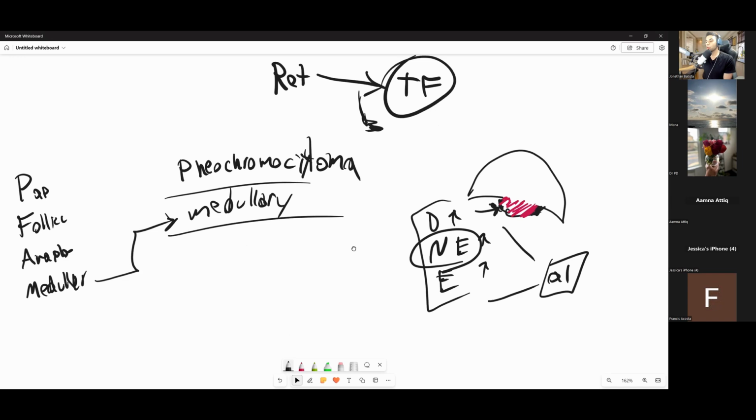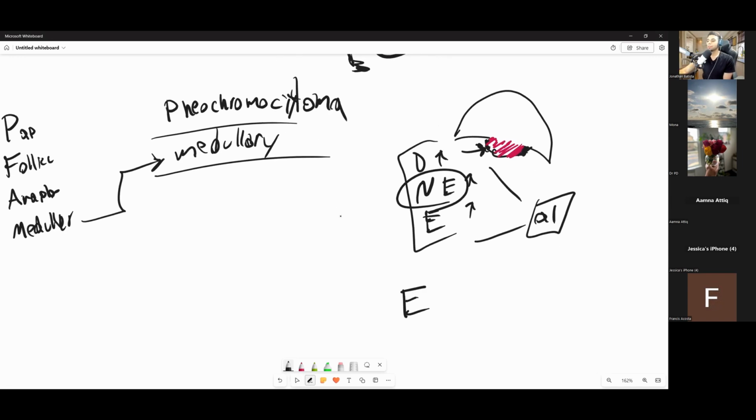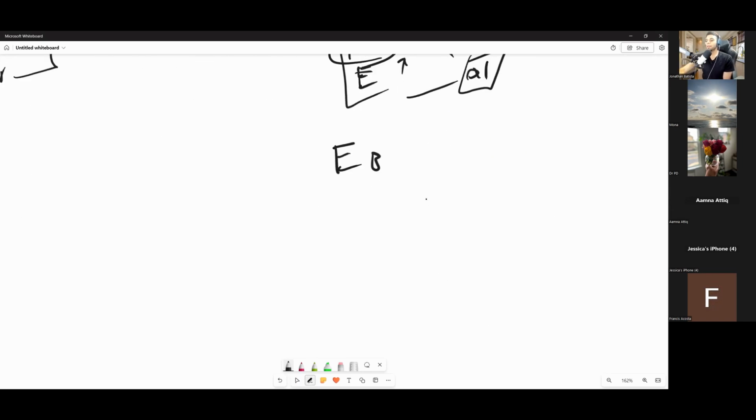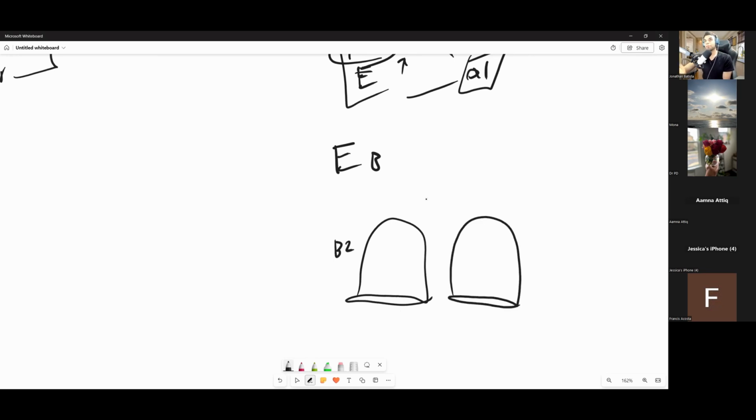Now, at a normal dose, you'll see that epinephrine kind of looks like a B, so it does have affinity for beta. That kind of leads you to think, remember that at the lungs, we do have beta 2. And beta 2 has to do with bronchodilation.